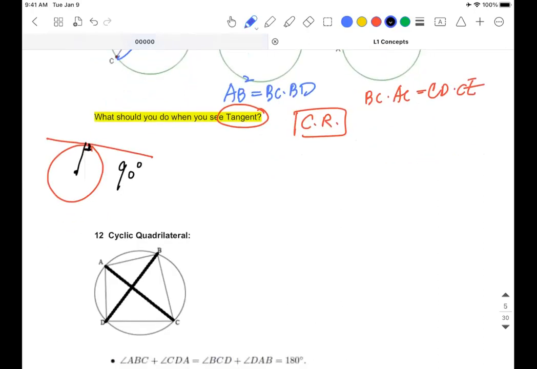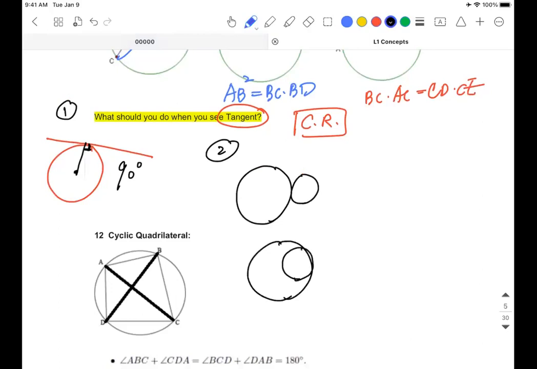This is our case number 1. Our case number 2: as long as you see 2 circles that are tangent to each other, it could be external tangent or internal tangent. Automatically, you're going to connect the 2 circle centers.